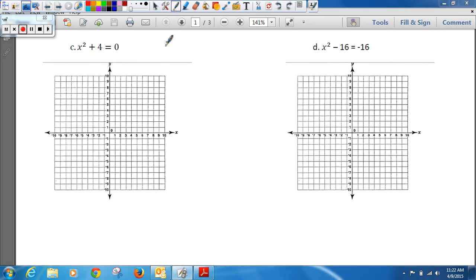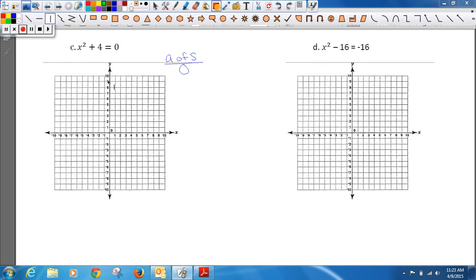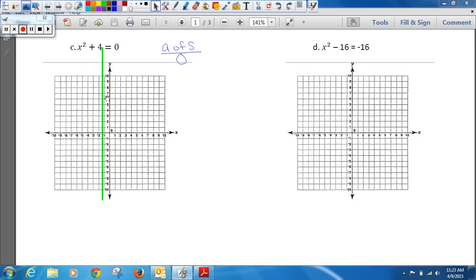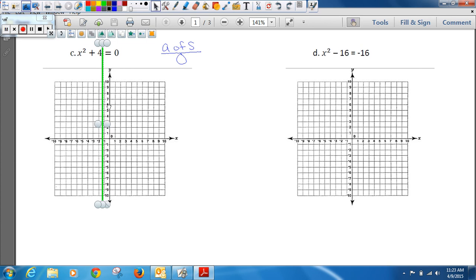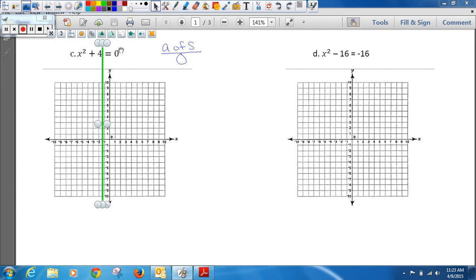So if I look at this next one, again, the axis of symmetry. I don't have a b, so again, my axis of symmetry is going to be at 0. So there's my axis of symmetry.